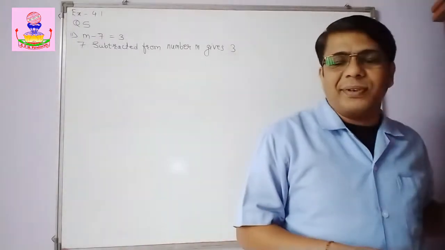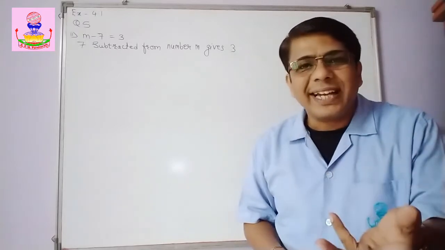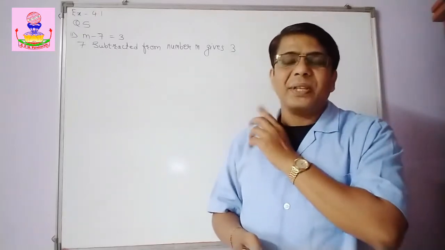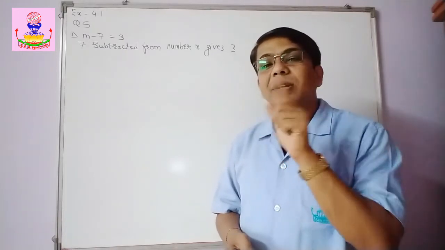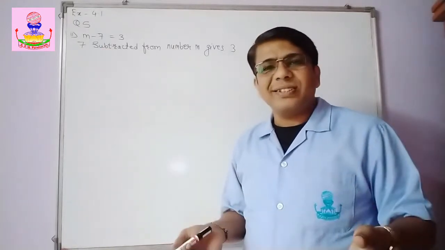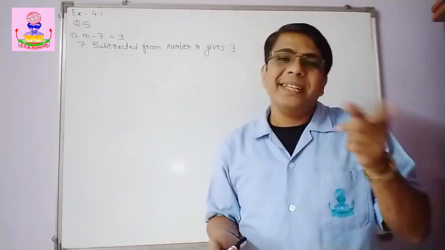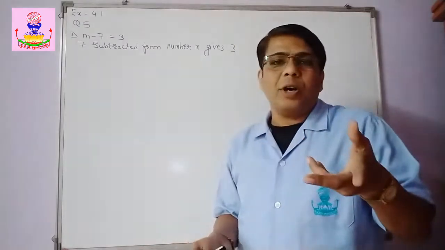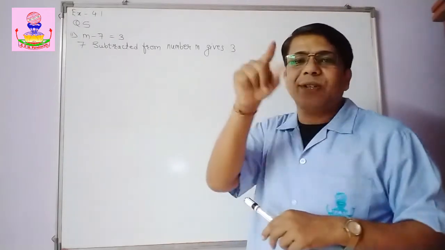That is also correct. When I am taking away, that means I am subtracting. The meaning is the same. So use words whose meaning will not change. 7 subtracted from a number or 7 taken away from a number, the meaning is the same. So you can form your own wordings, but the meaning should not change.